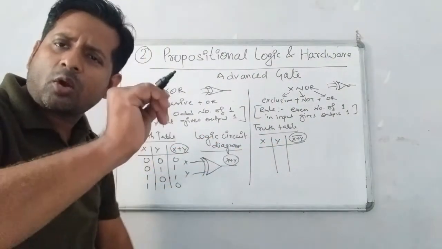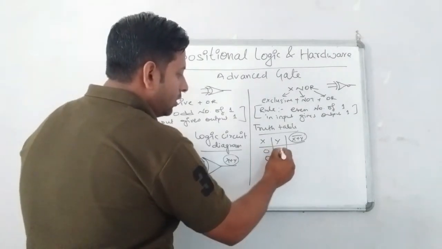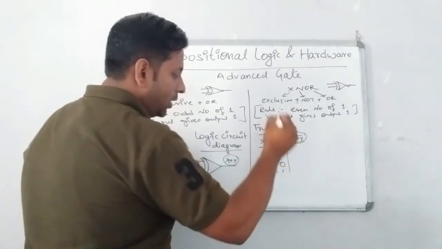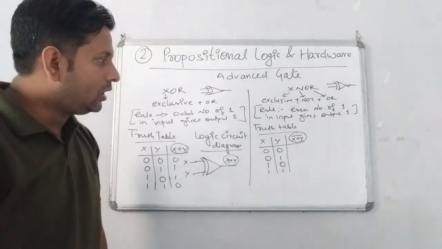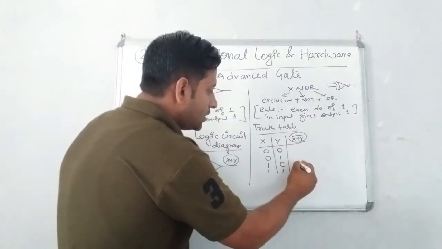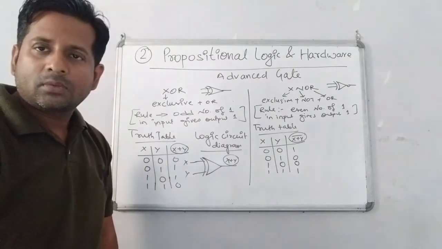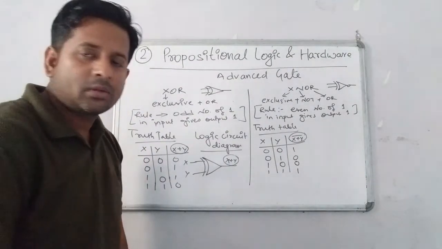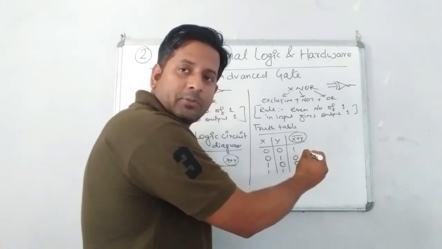Exclusive OR, but not has been used. 0, 0, 1, 1, 0, 1, 0, 1. Okay, children? Now, even number of 1. Down, 2 are there. Here 1 is there, here 1 is there, here 0 is there, that means this part. Understood, children? Now, this part is clear up to this much.